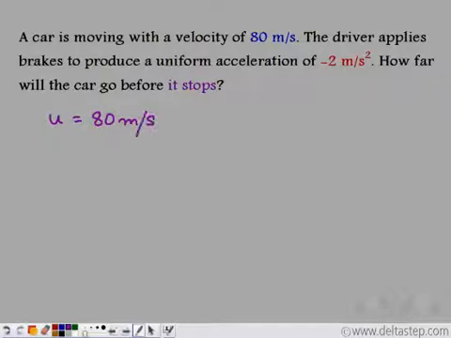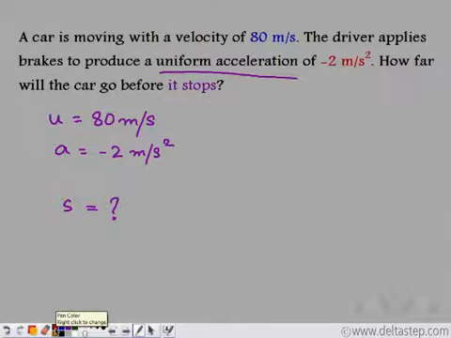Now since it is given that it is moving with uniform acceleration, we can use equations of motion. So acceleration is minus 2 meters per second square. And how far will the car go before it stops? So we need to find the displacement.